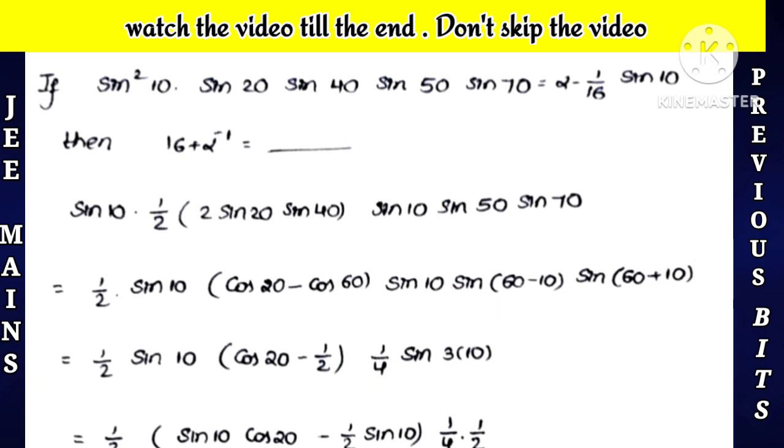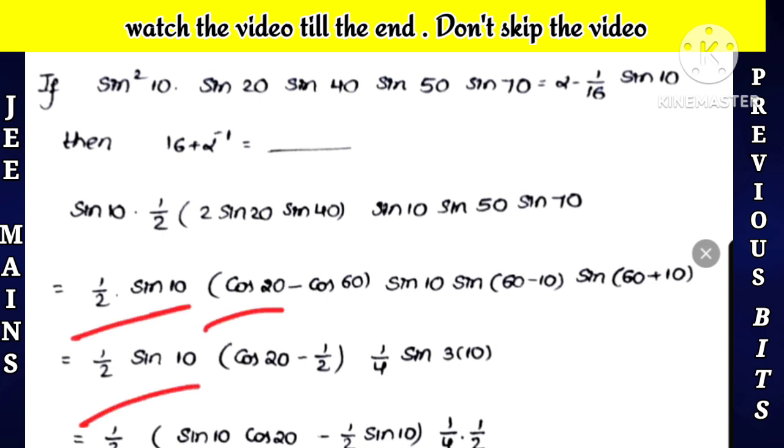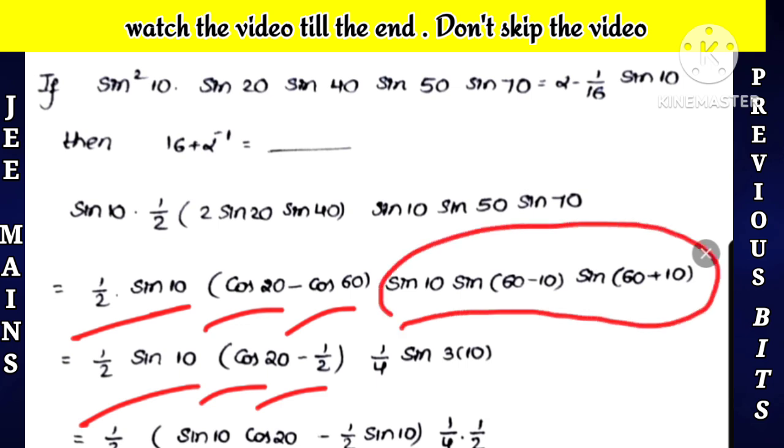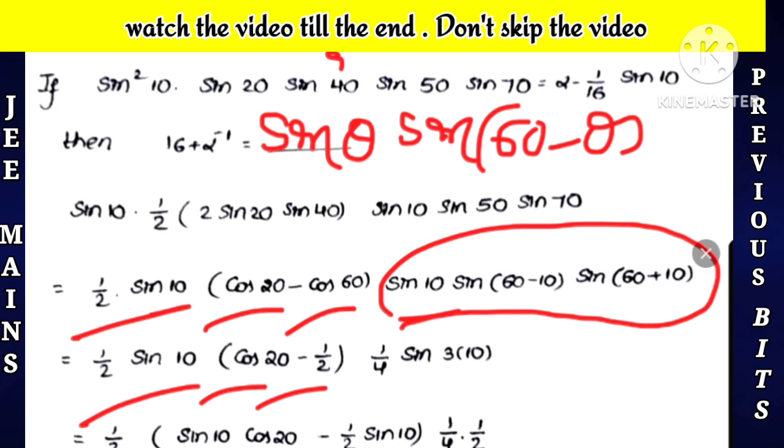Now in the next step, write 1/2 sin10°, then cos20° and cos60°, which is equal to 1/2. Now check this value: it is in the form sinθ · sin(60° − θ) · sin(60° + θ).